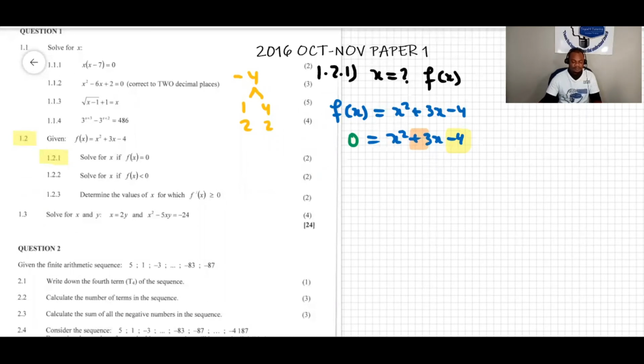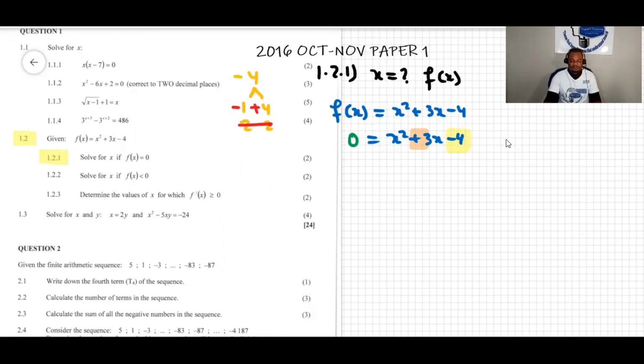Now check: 2 and 2 will never make +3, but with 1 and 4, yes, we can if we do -1, +4. Now see, -1 plus 4 makes +3, and -1 times +4 makes -4.